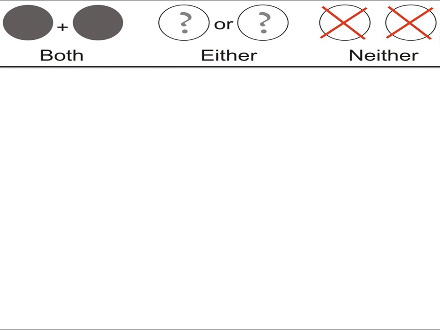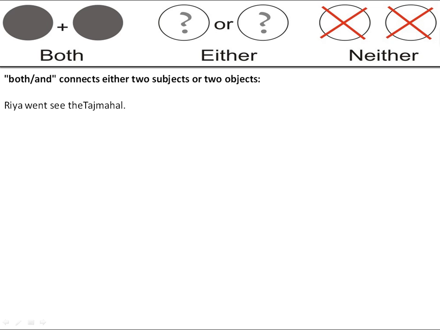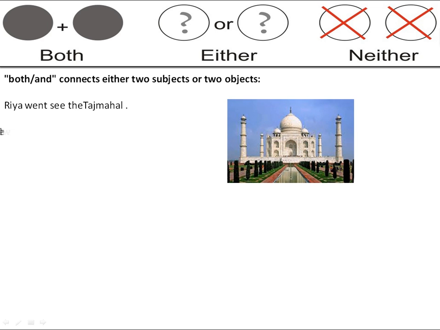So this figure represents the meaning of both, the meaning of either, and the meaning of neither. So both and connects either two subjects or two objects, right? See how Ria went to see the Taj Mahal and Meera went to see the Taj Mahal.